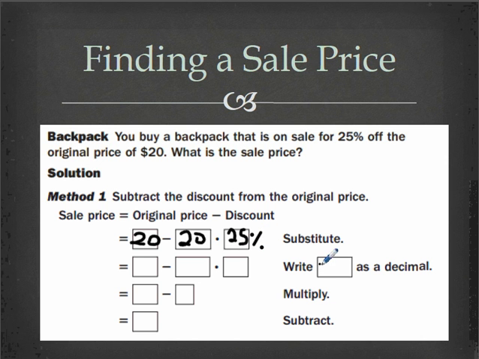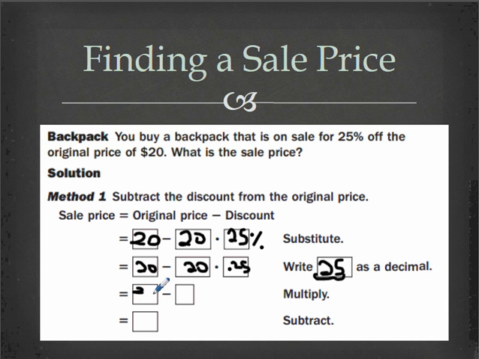So I can write 25% as a decimal, and if I do, that's 0.25. So I'm going to make this a 0.25. This is 20, and this is 20. I'm going to keep this as 20 because that's still my original price, the amount they're charging me.